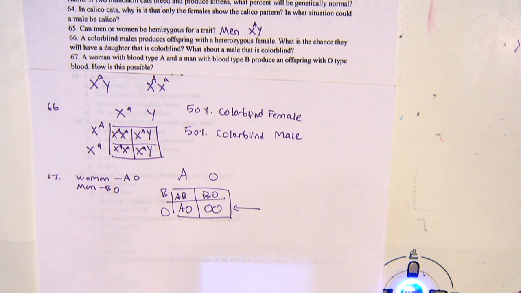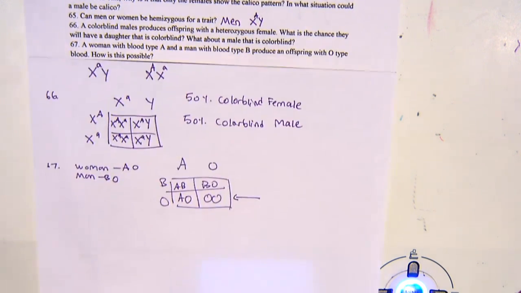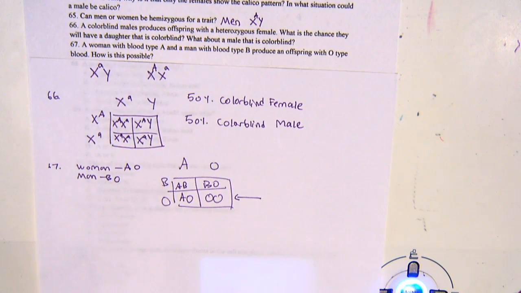Because in order to have O type blood, we have to have 2 O alleles because it's recessive to both A and B. Everybody got this written down? We good?